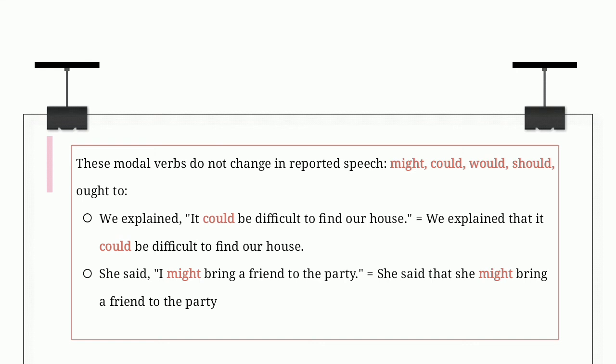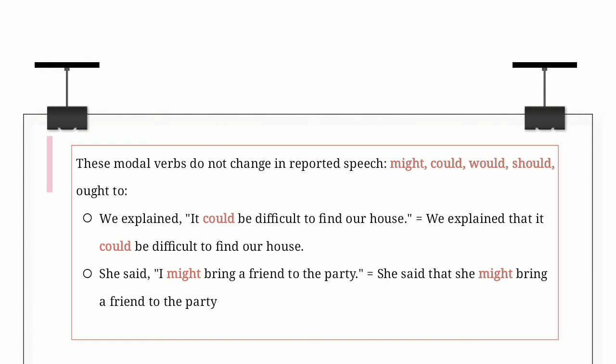But there are modal verbs that don't change in reported speech. These modal verbs are might, could, would, should, and ought to. First, "We explained it could be difficult to find our house" became "We explained that it could be difficult to find our house."